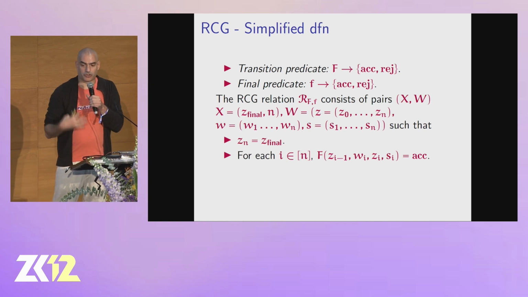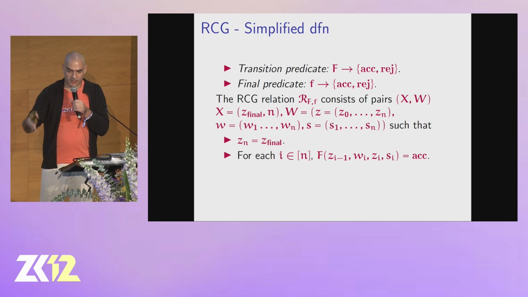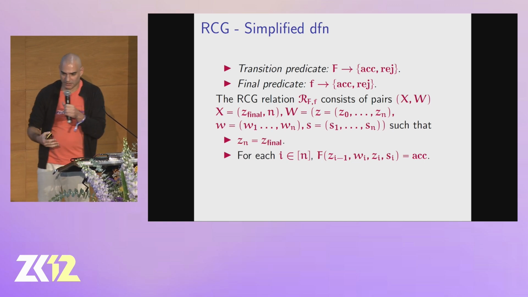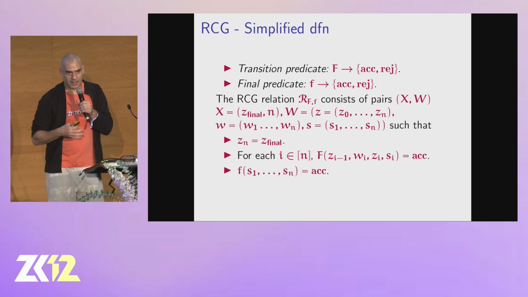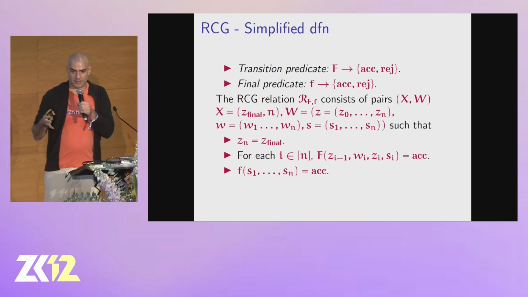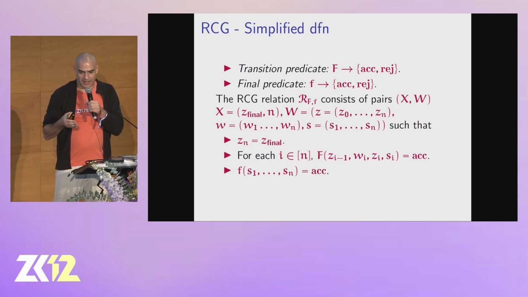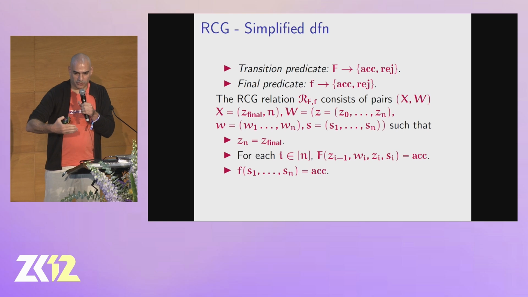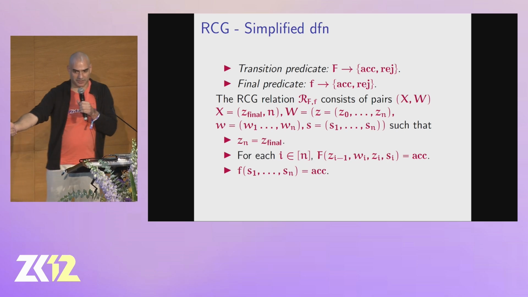For each i, the transition holds, so f of z_{i-1}, w_i, z_i, s_i is valid, it accepts. And the final predicate, if we insert into it all the s's from all the iterations, it outputs accept.